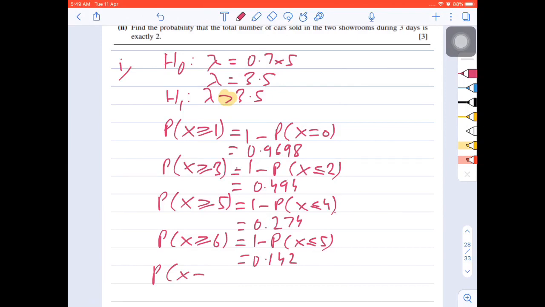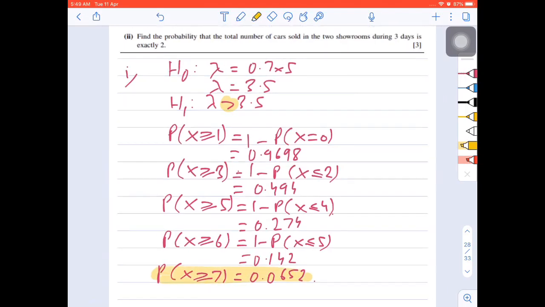Probability of x greater than or equal to 7 will be 0.0652. So this is the correct region.